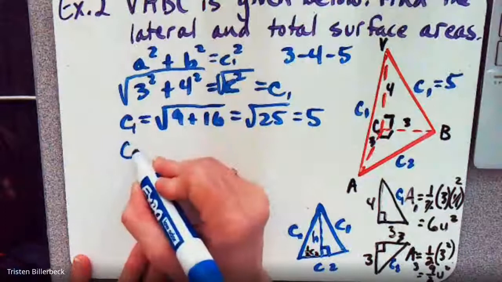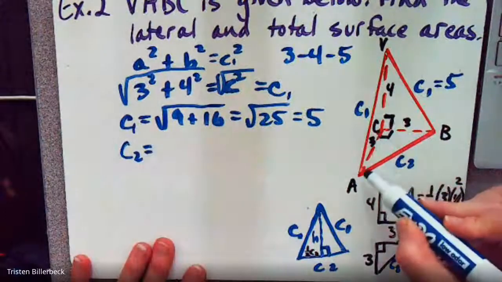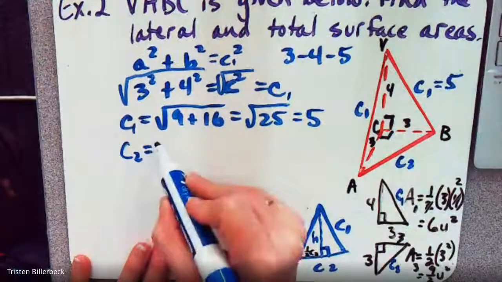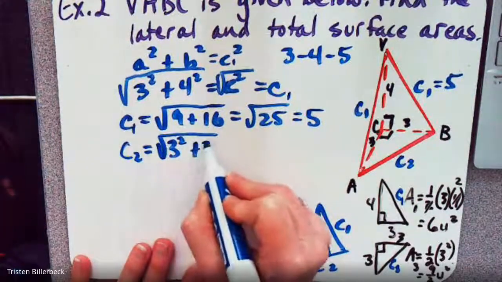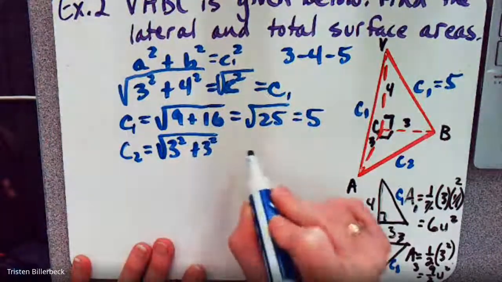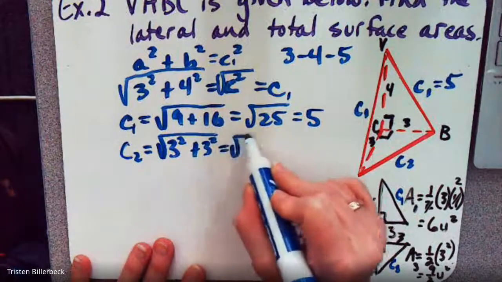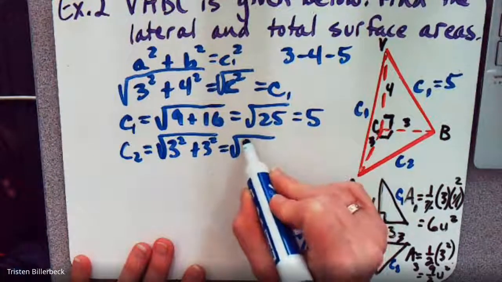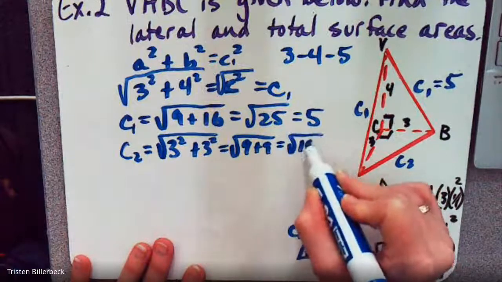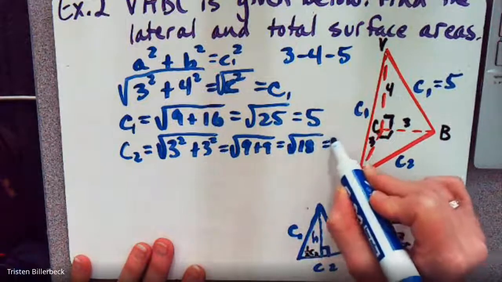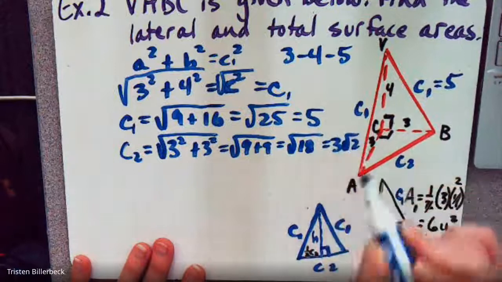So C2, we see we have one side's 3, the other side's 3. So the square root of 3 squared plus 3 squared equals square root of 9 plus 9 is the square root of 18, otherwise known as 3 square root 2.